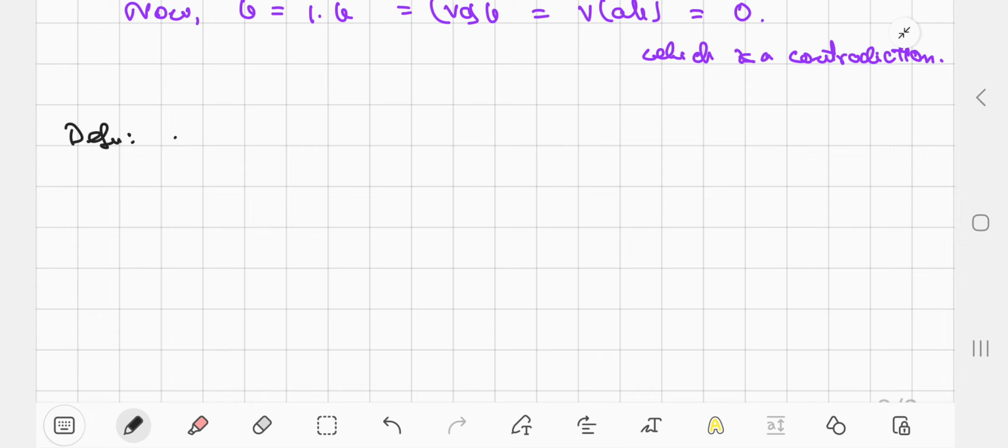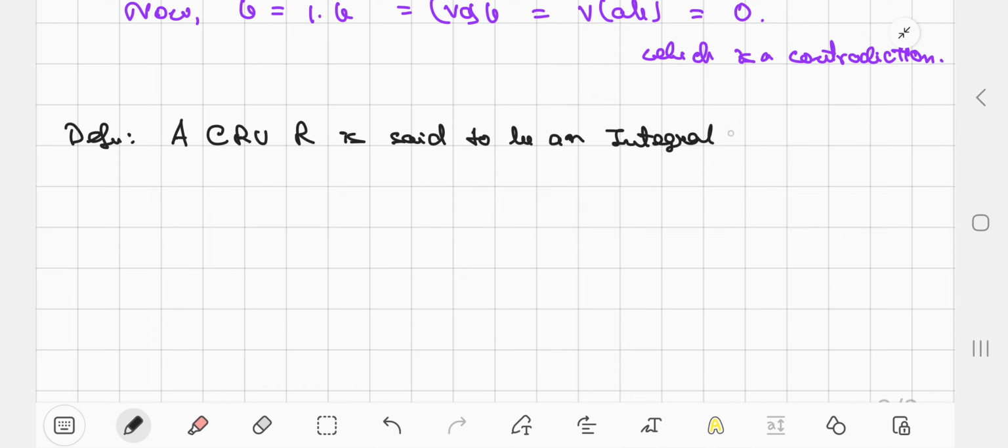Definition: a commutative ring with unity R is said to be an integral domain if R has no zero divisors.